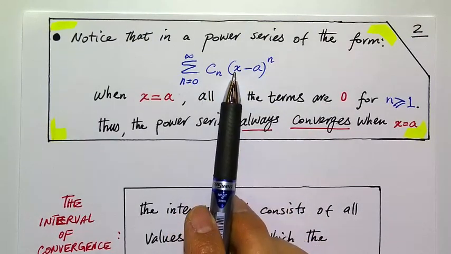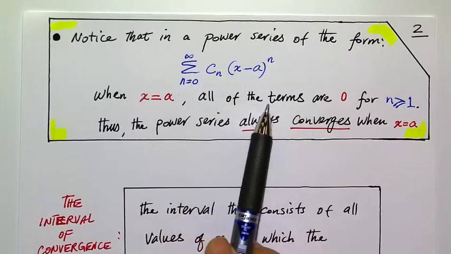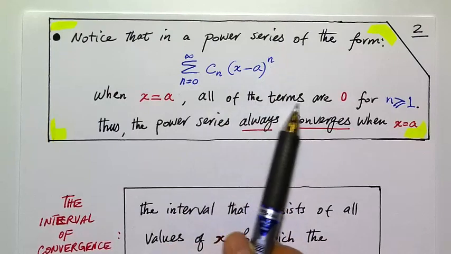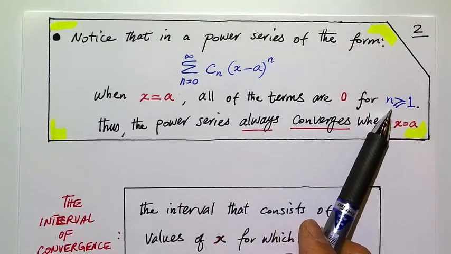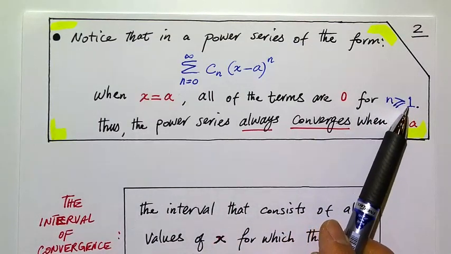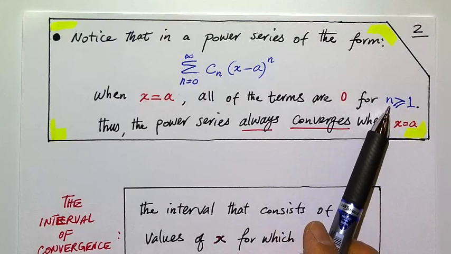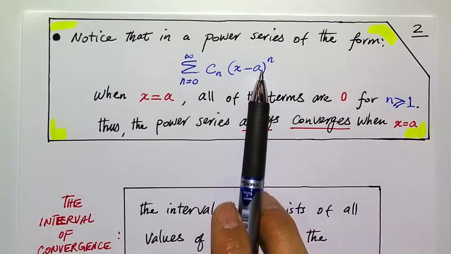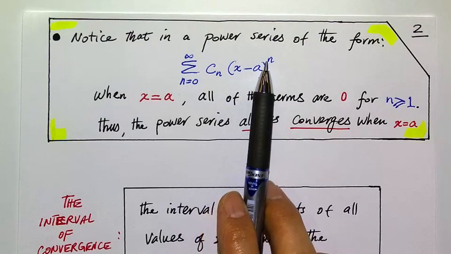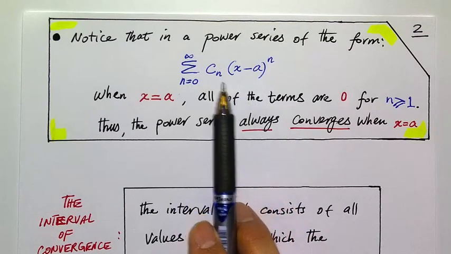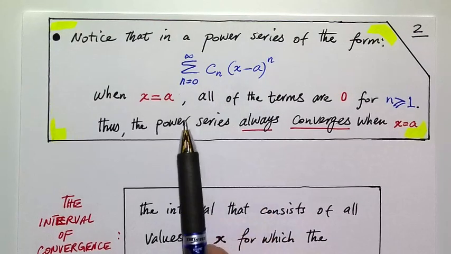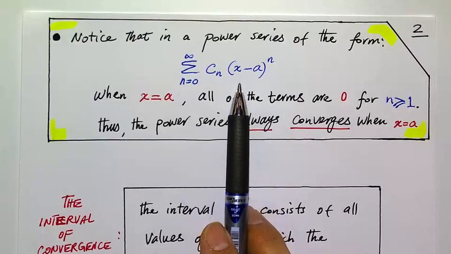If x equals a, regardless of these values of c of n and n, all of the terms are 0 for all n greater than or equal to 1, because for n equals 0, as we mentioned in the previous section, we get 0 to the 0 power, and in the discussion about series, that is equal to 1.